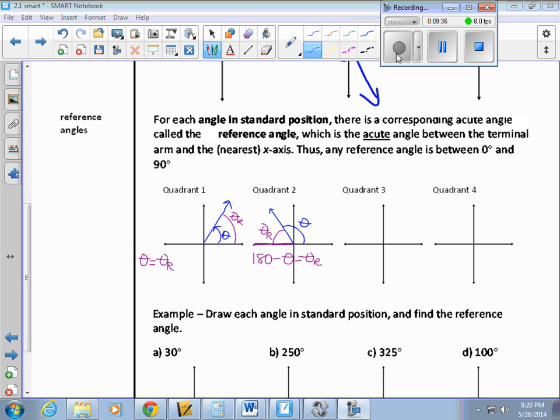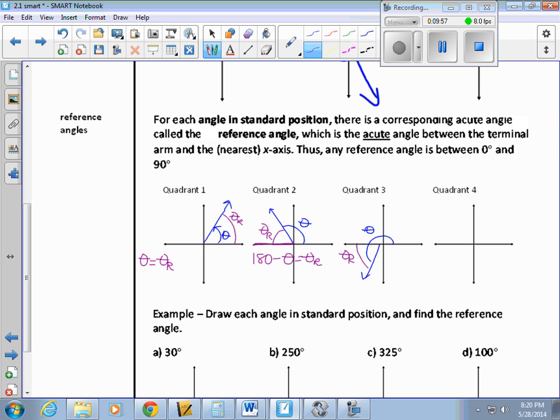So quadrant 3 then, if this is my angle going to here, so this is my theta, your reference angle then is going to be the distance from your terminal arm to that nearest x-axis. So that is your reference angle there.